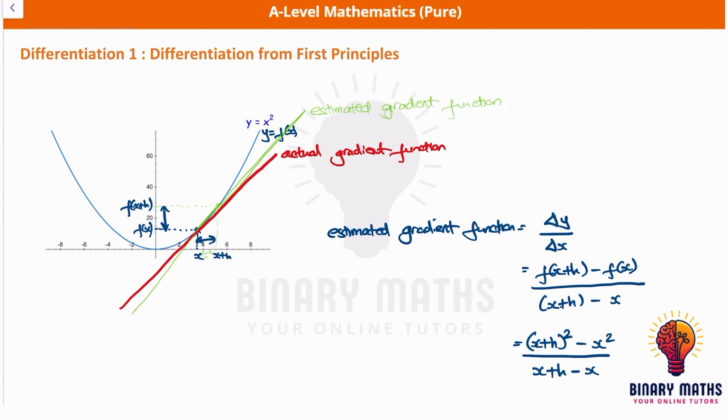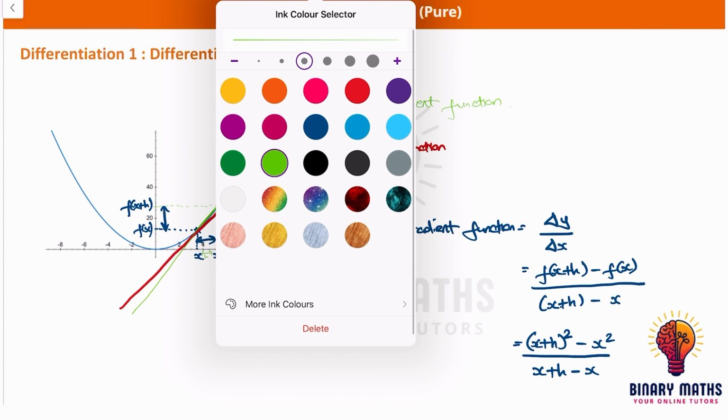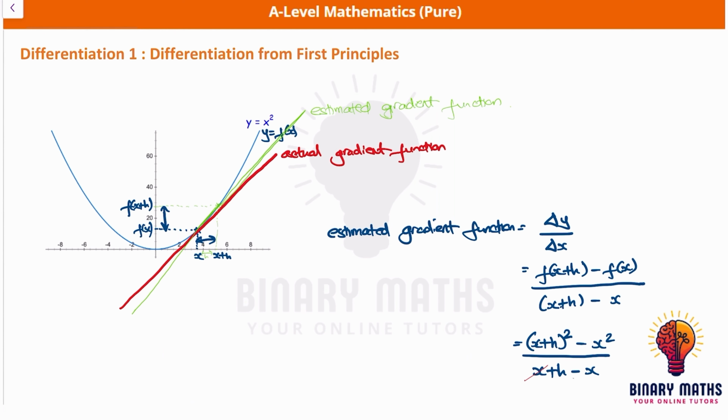Now you can clearly see that the x and the negative x will cancel out here. Let's expand the top. When we expand the top, we get x squared plus 2 lots of hx plus h squared take away x squared, all over h.